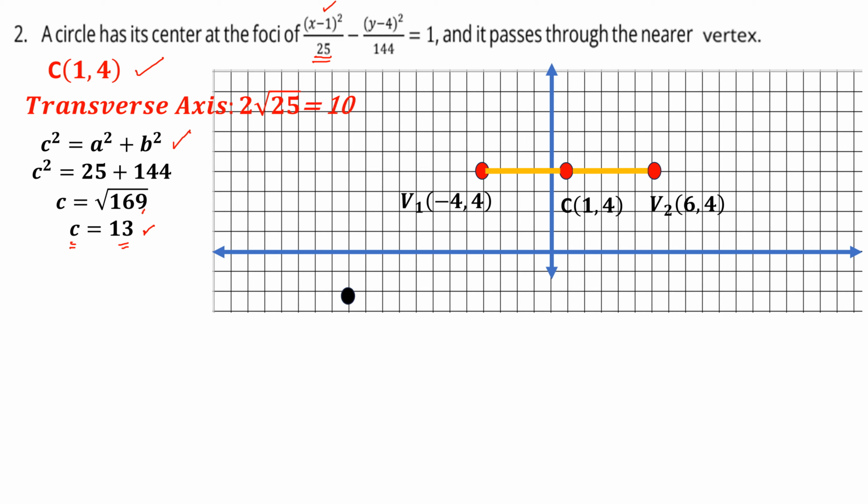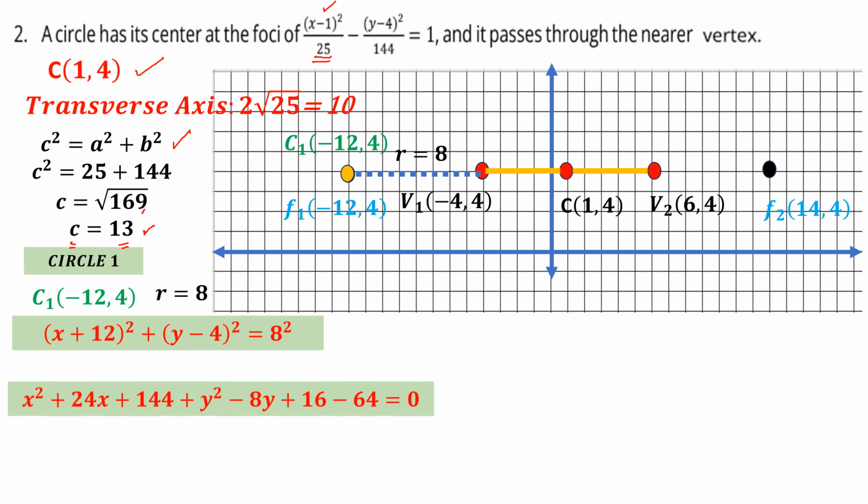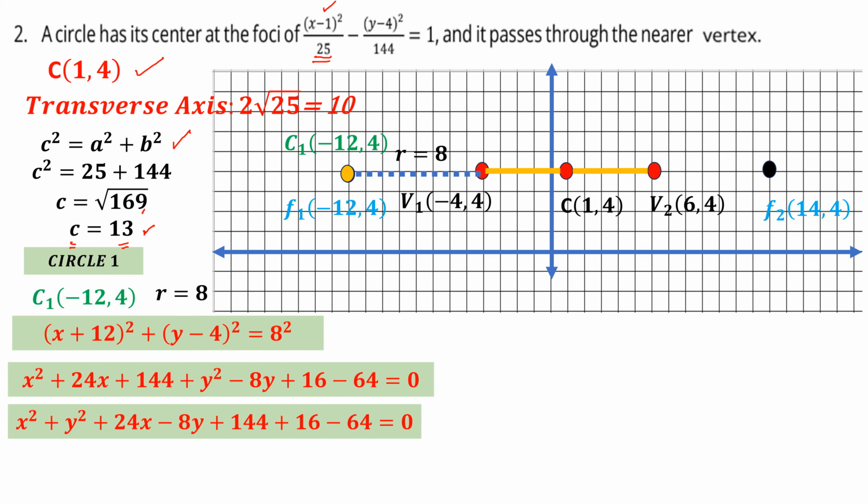So from the center, we need to count 13 units going left and 13 units going right, and there are our two foci. Okay, so we already have the two foci. We have (-12, 4), then we have (14, 4).